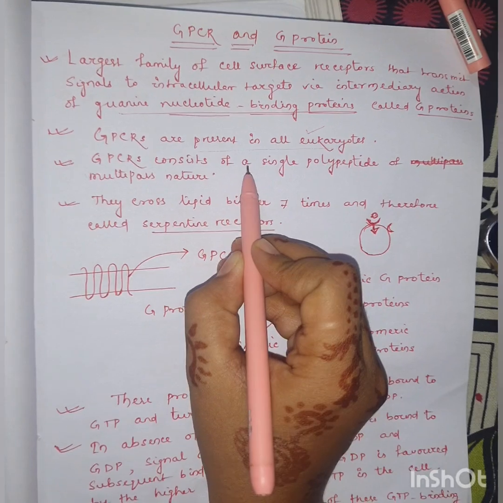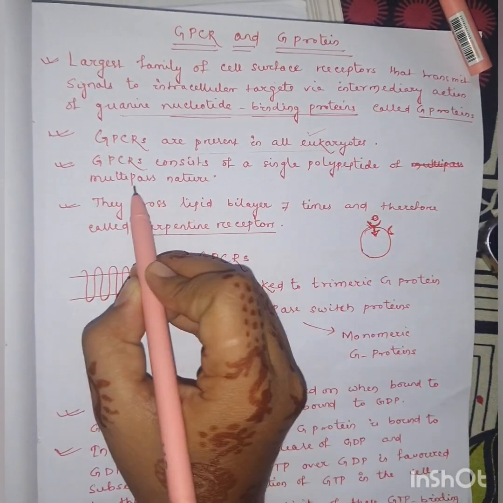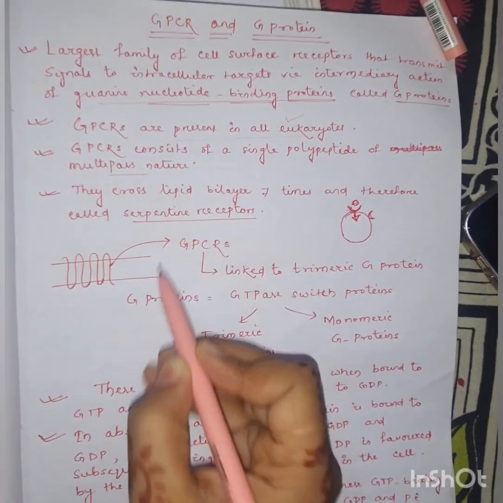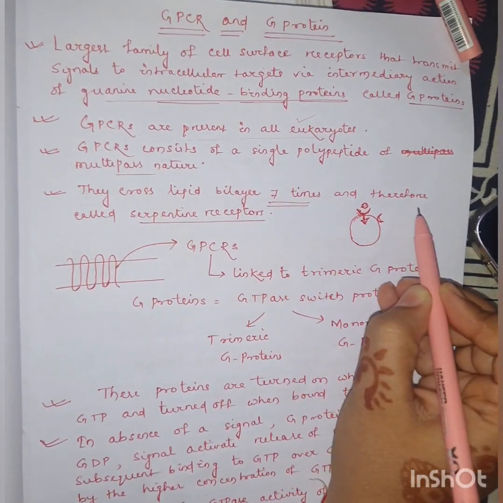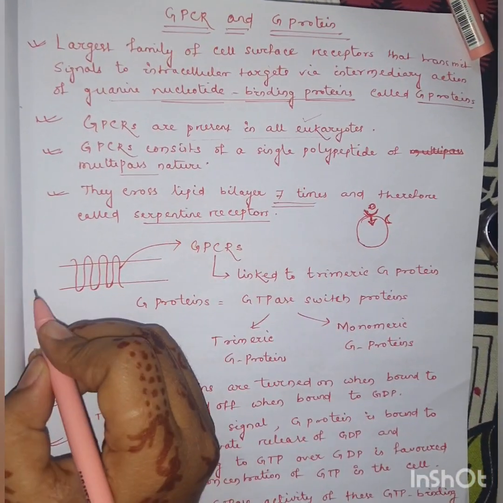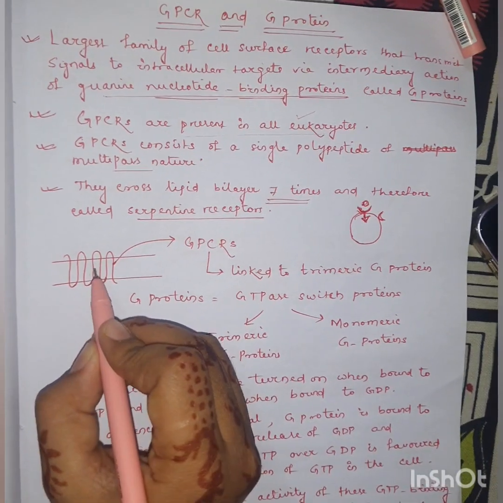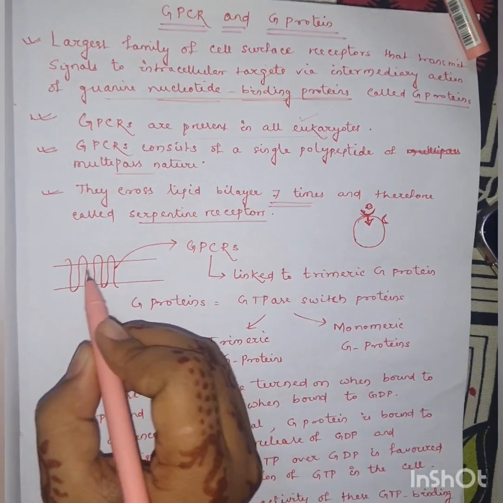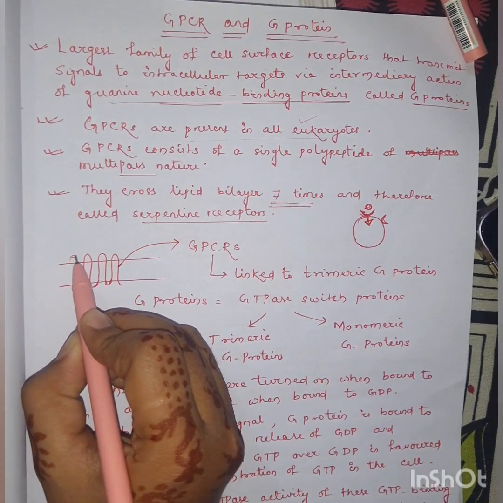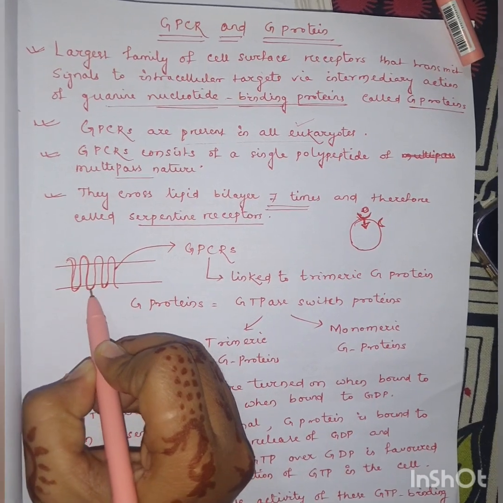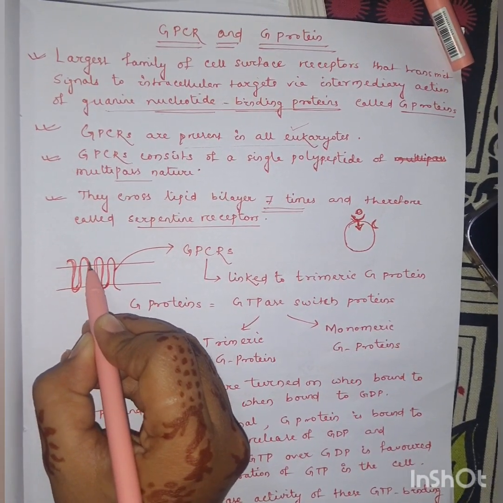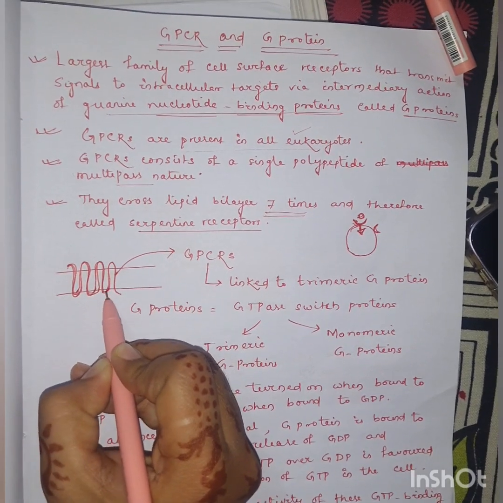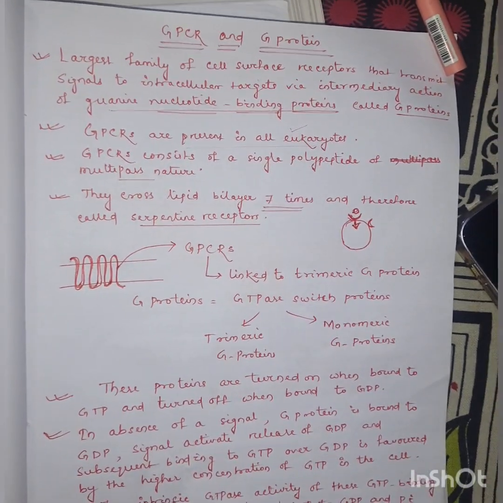GPCRs consist of a single polypeptide of multi-pass nature. They cross the lipid bilayer 7 times, therefore they are called serpentine receptors. That means these G protein coupled receptors enter the cell membrane 7 times: 1, 2, 3, 4, 5, 6 and 7.